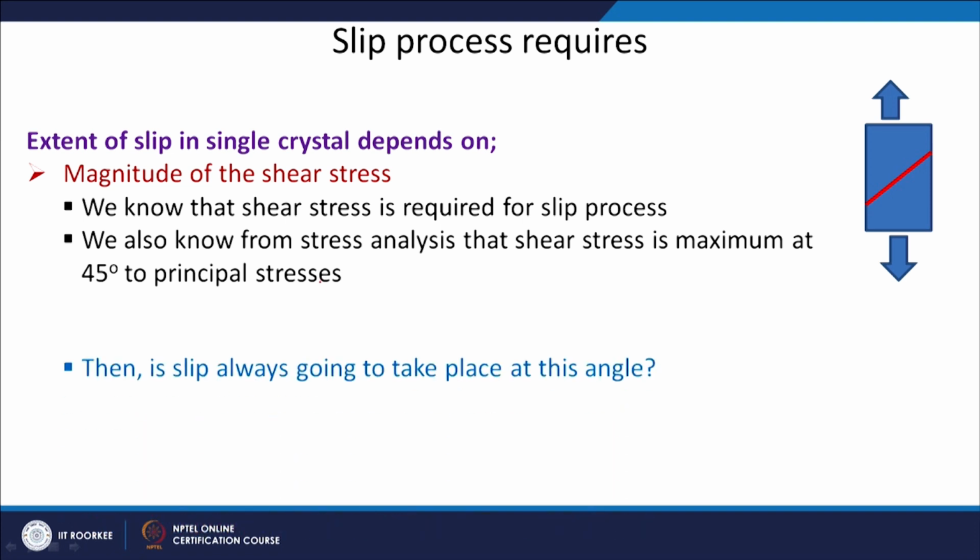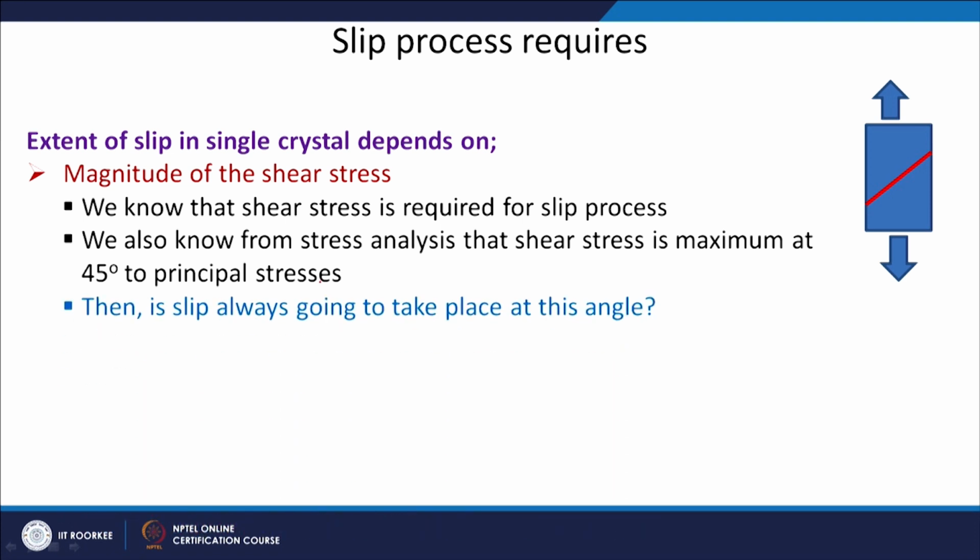Then is slip always going to take place at this angle? This is the question we should ask ourselves. If I apply the principal stress sigma 1 in this direction, then according to the Tresca criterion, at 45° I should get the maximum shear stress. Now the question is whether my material is going to slip in this 45° direction or not.